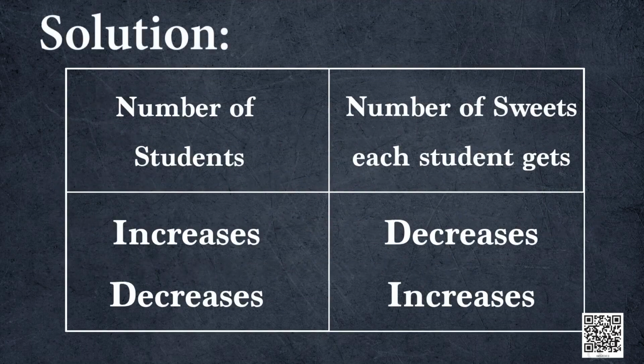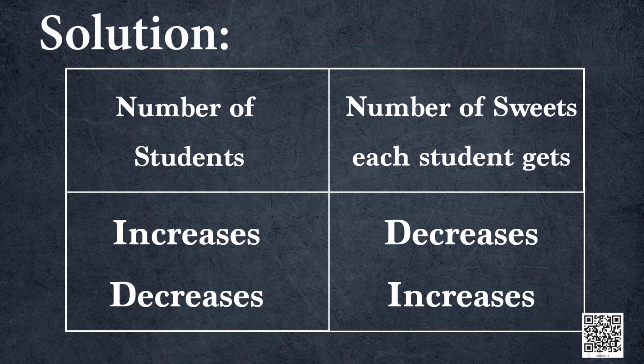Solution. As the number of students increases, the number of sweets that each student gets reduces. Or in the other way, we can say that as the number of students decreases, the number of sweets each student gets increases.